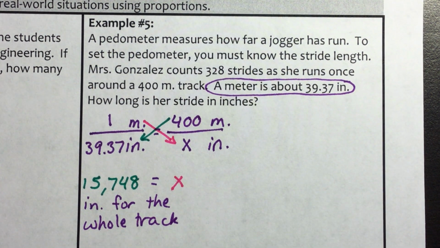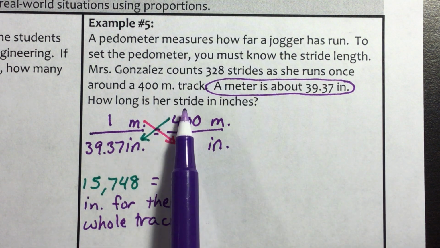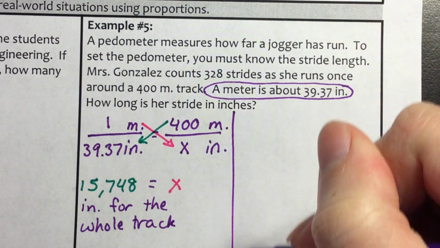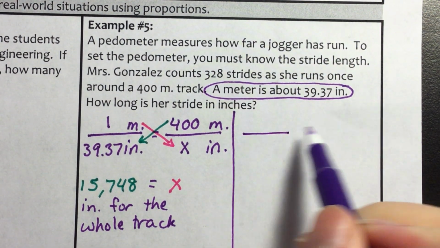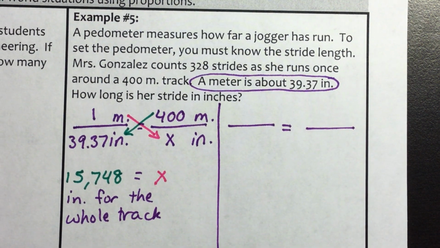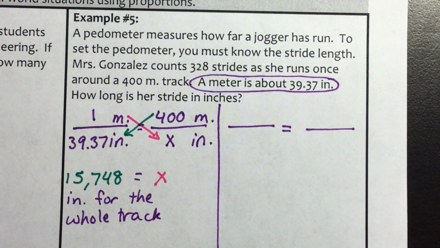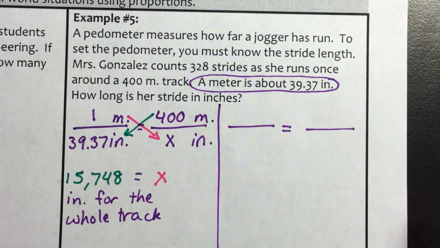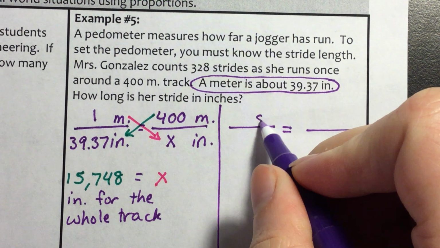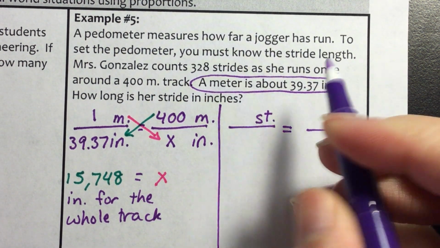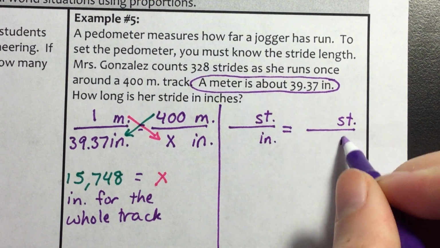All right. We still don't know everything that we're supposed to know. We want to know how long is Mrs. Gonzalez's stride in inches. So we're going to create another proportion. So fraction equals fraction. Okay. Looks like we are going to use strides and inches as our two labels. I'm going to put ST for strides and inches for the other label, which is inches.